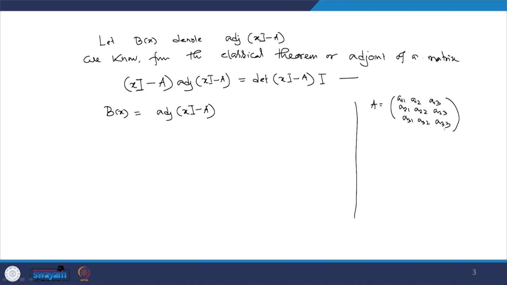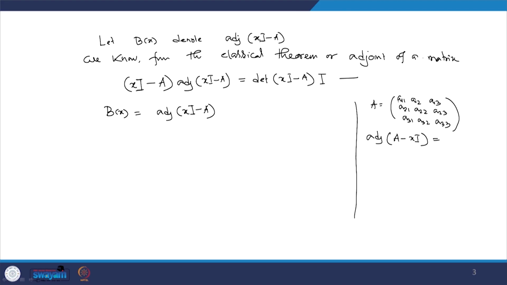If I consider the adjoint of, say, A minus xI, because minus 1 to the power 3 I have to multiply it, I have to take the cofactors of each of the entries A11, A12, A13, and so on, and then take the transpose.